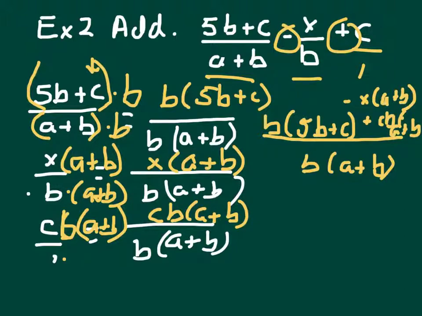And it's a little messy, sorry about that. So you can leave your answer like this for the time being. Even if I did distribute in the top, I would not have any like terms. If you decided to distribute, that's okay. It's the same answer. So just to read that again, I have b parentheses 5b plus c, minus x parentheses a plus b, plus cb parentheses a plus b.